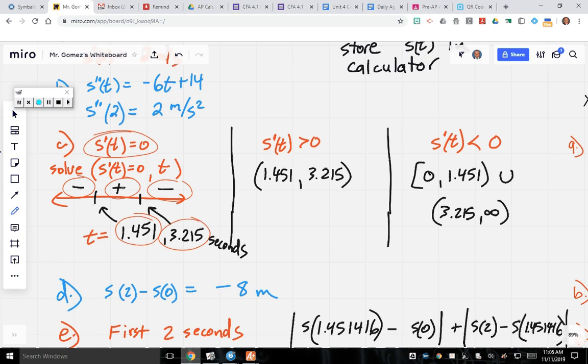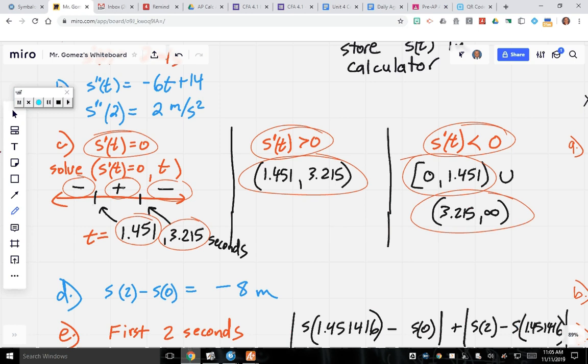Okay? It will move to the right on this interval between 1.451 seconds and 3.215 seconds because the derivative is positive. These are particles in motion. It will move to the left because s prime of t is negative on 0 to 1.451 and then 3.215 all the way to infinity.